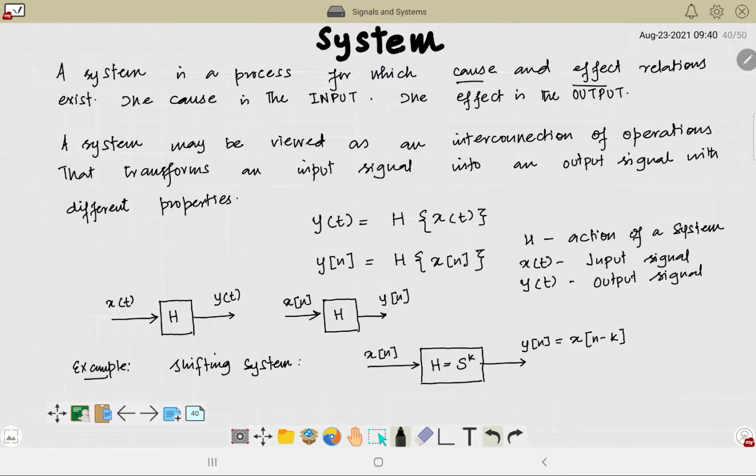This is the graphical representation, and mathematically y of n is equivalent to h, that is, this operator will operate on x of n, the input signal, and explicitly this operation shifts your input by some amount, say k.